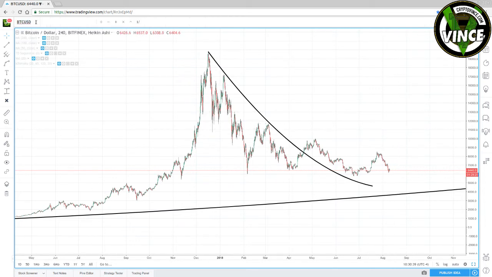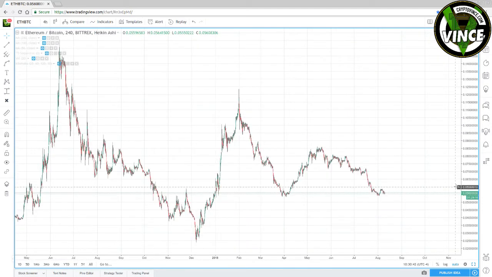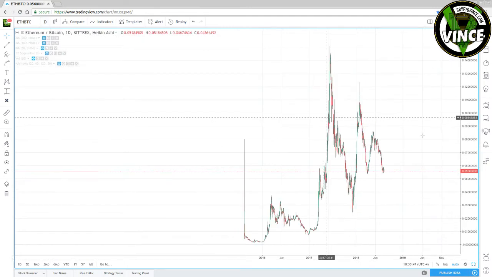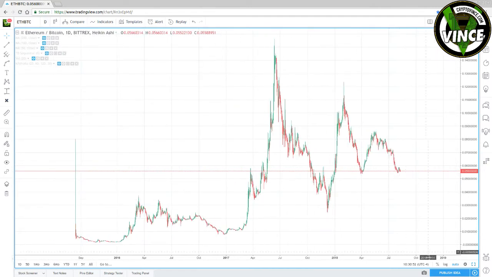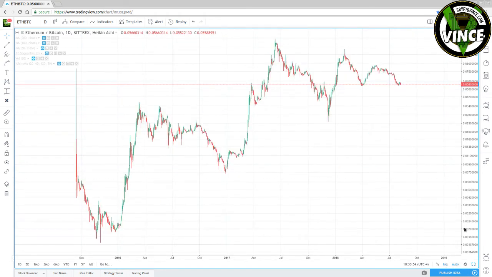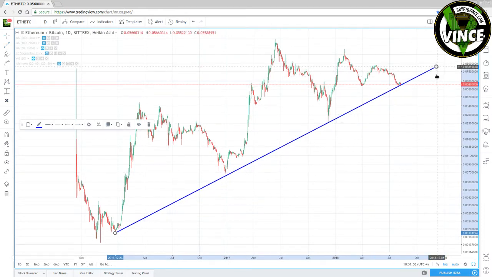And let's go check even Ethereum BTC, because this is the chart that everyone is looking at lately. Check the 1 day chart. This is the linear scale. Look at the huge difference between linear scale and logarithmic scale. This is a massive difference, and this is the same thing I've seen before. This is a straight trend line.